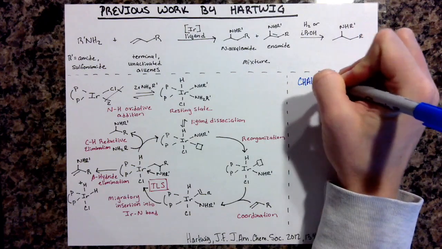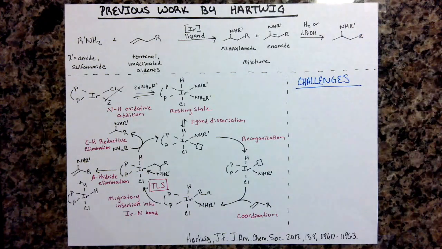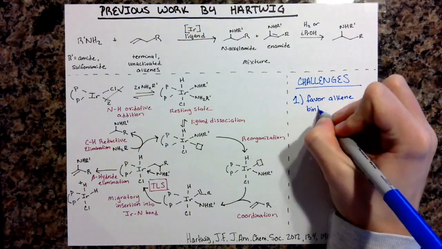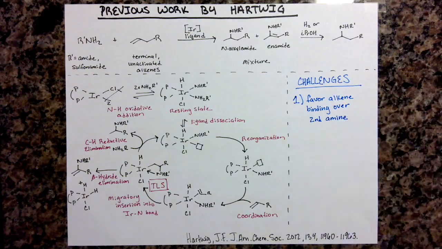Looking at this mechanism, there are several challenges that a developer is going to need to overcome. So first, the alkene needs to bind after the NH oxidative addition, and this implies that the amine can't bind too strongly to inhibit the alkene from binding. So that's challenge number one.